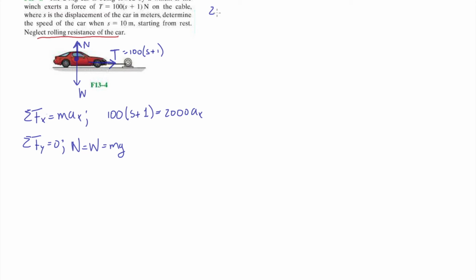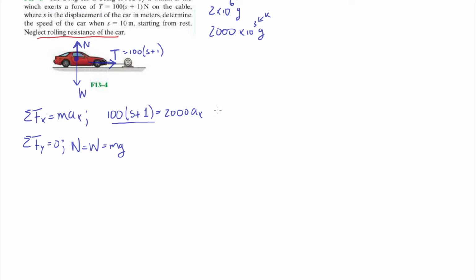Remember, that's 2 times 10 to the 6 grams. This is that mega term, and this is the kilo term. So we're going to leave it as tension equals 2,000 times the acceleration.